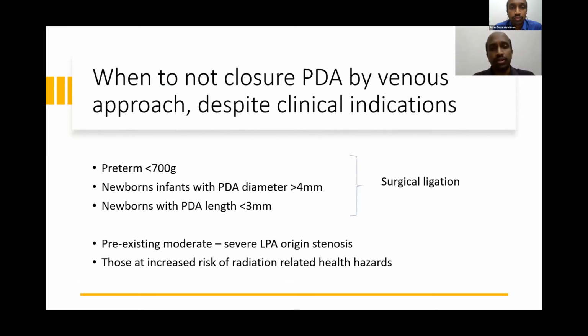We still have to rely on our surgical colleagues to close ducts in preterm babies below 700 grams, newborn infants with duct diameter more than 4 millimeters, or when the duct is more like a window type.